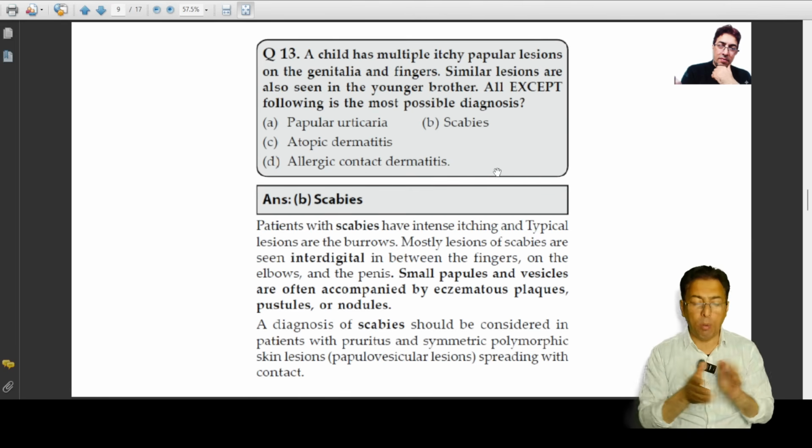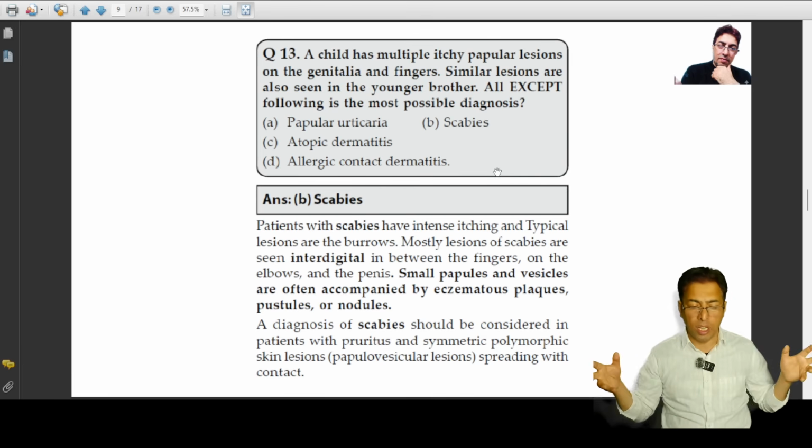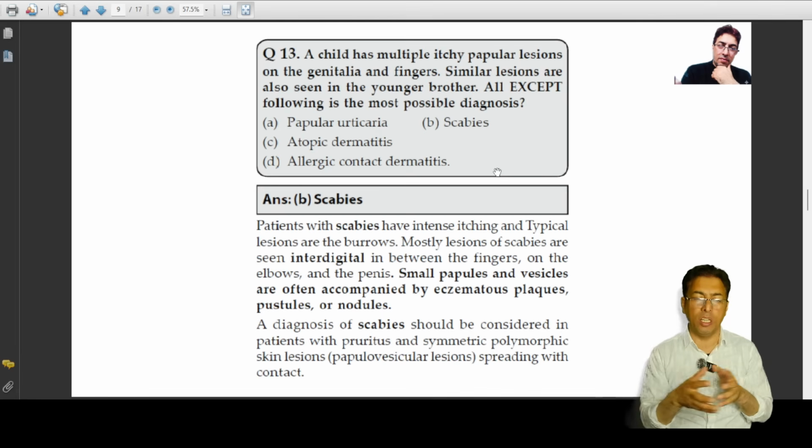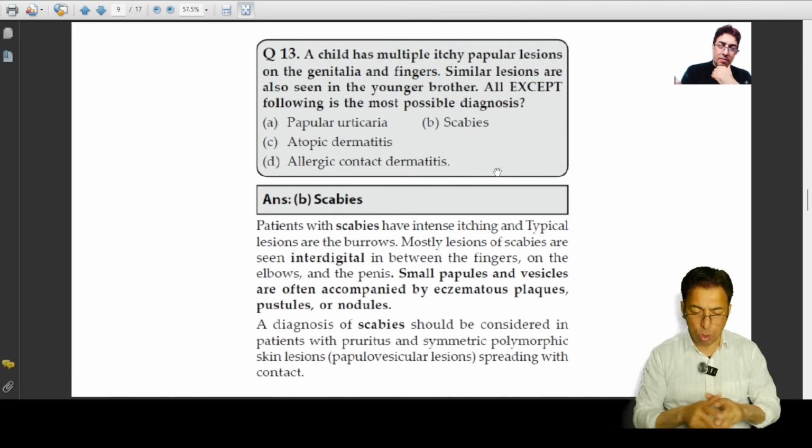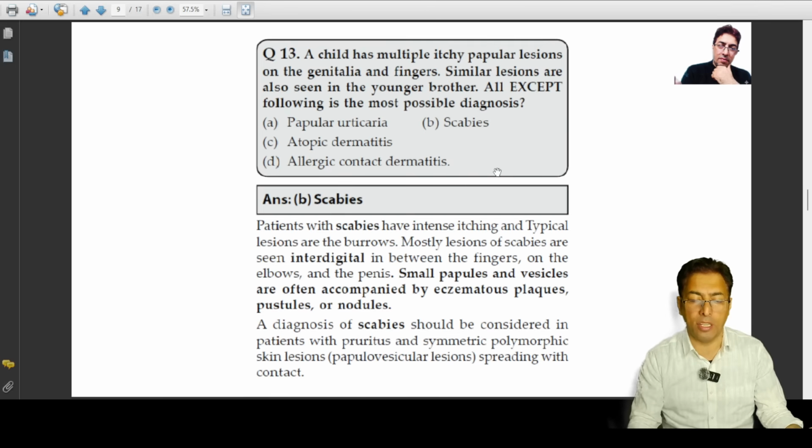An important point is that it is usually seen in nurseries, crowded areas, hostels, and closely congested areas, more commonly in underprivileged societies who do not maintain proper hygiene. A diagnosis of scabies is considered in patients with pruritic lesions, especially nocturnal pruritus, with lesions distributed all over the body. So scabies is the correct answer, as it is present in the manner given in the question.